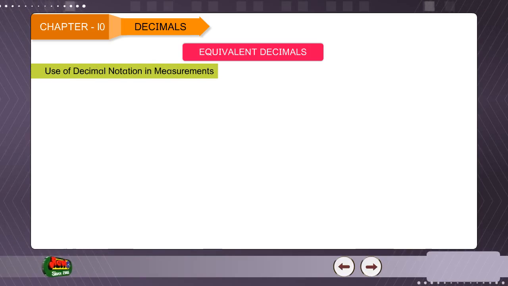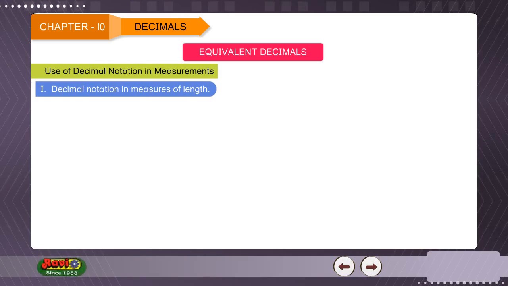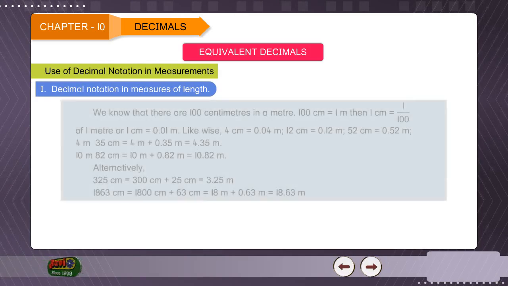Use of decimal notation in measurements. 1. Decimal notation in measures of length. We know that there are 100 centimeters in a meter. 100 centimeters is equal to 1 meter.